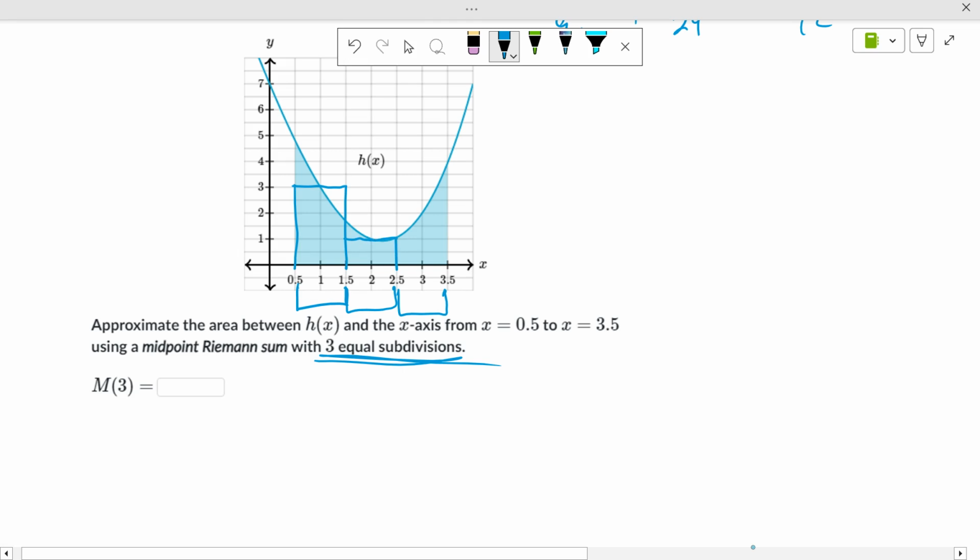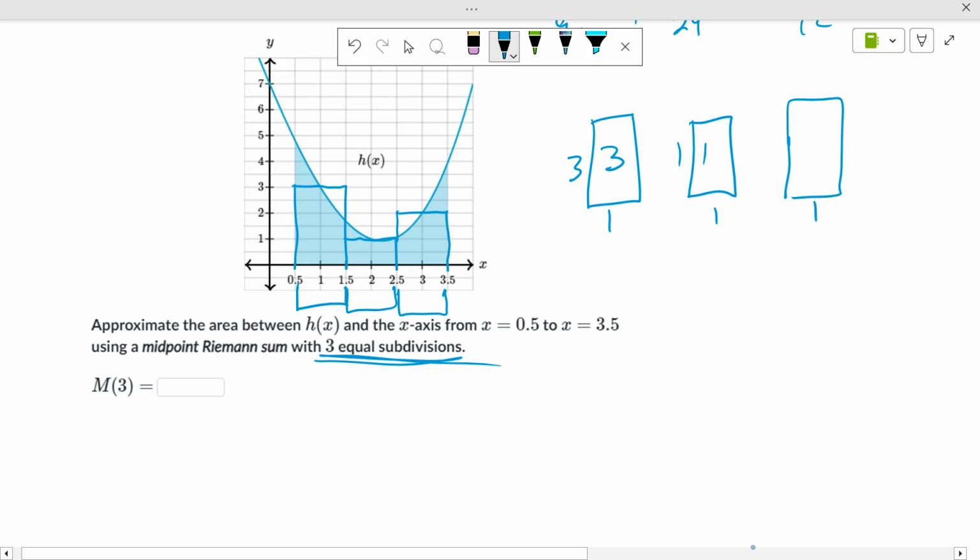Then I draw my rectangle right here. So my first rectangle is 1 wide and 3 tall, so it's 3. My second rectangle is 1 wide and 1 tall, so it's 1. My third rectangle is 1 wide and 2 tall, so it's 2. So we get 6 for the midpoint Riemann sum.